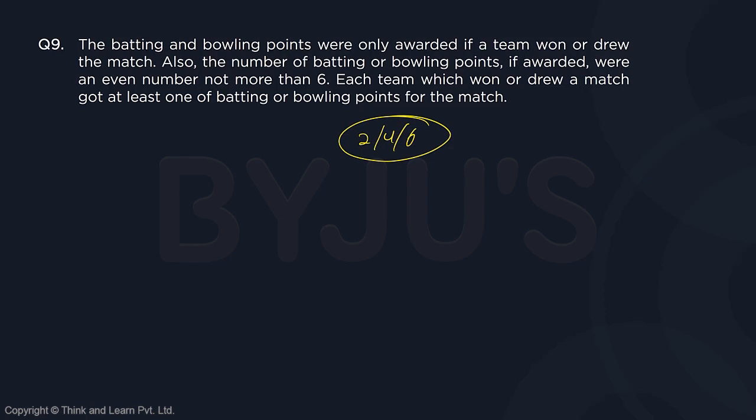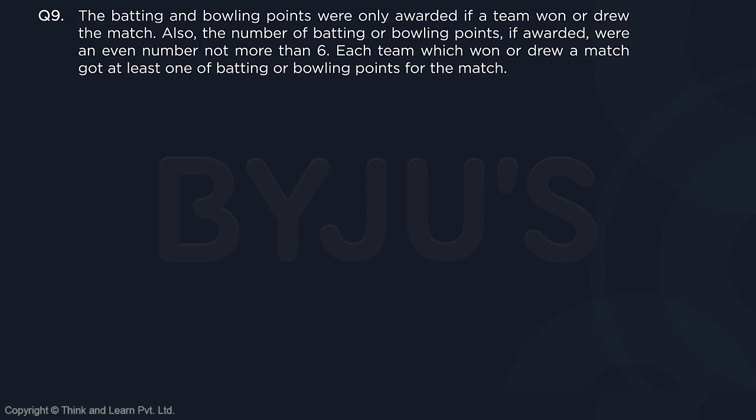Now, each team which won or drew a match got at least one of the batting or bowling points for the match. So if you win the match, you must get at least one of bowling and batting points. I mean, if you are not getting bowling points, let's say, you must get batting points in that one. Otherwise, you can take both also. So we need to deal with 2, 4, 6, right?